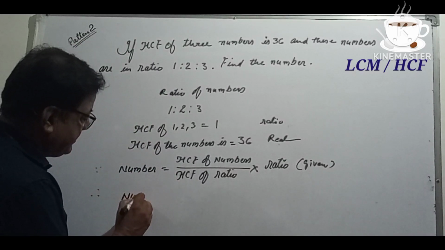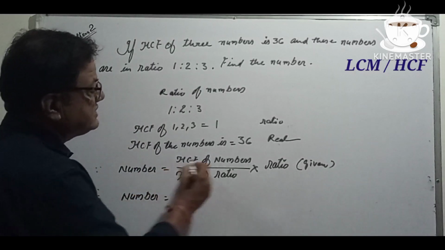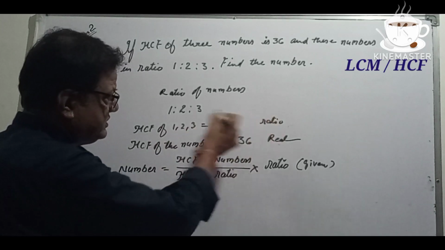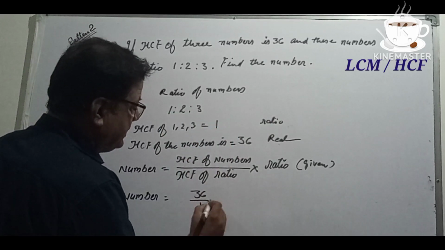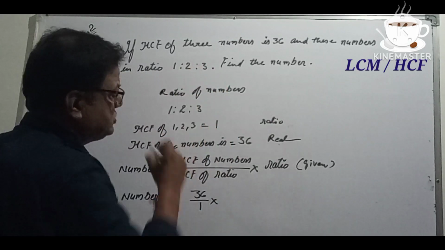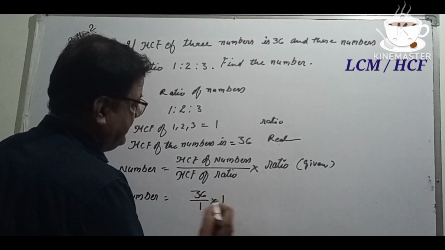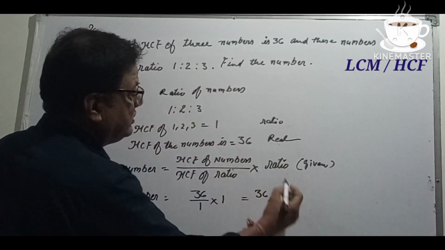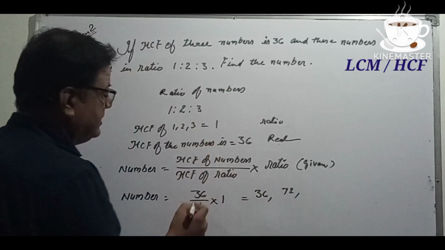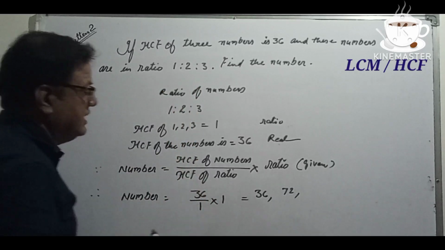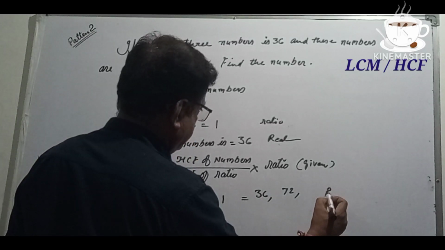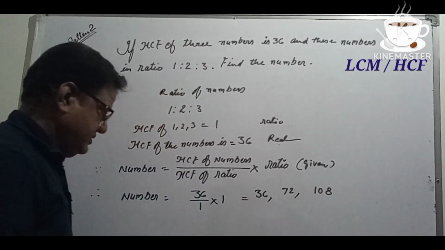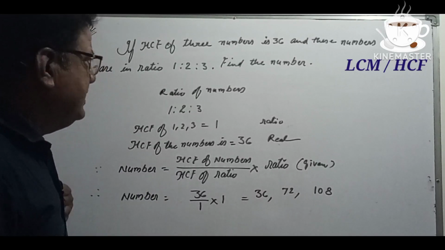Then the number is: HCF of the numbers is 36, HCF of the ratio 1, 2, 3 is 1, and we multiply by 1, 2 and 3 respectively. First of all we multiply by 1: 36 ones are 36, 36 twos are 72, and 36 threes are 108.